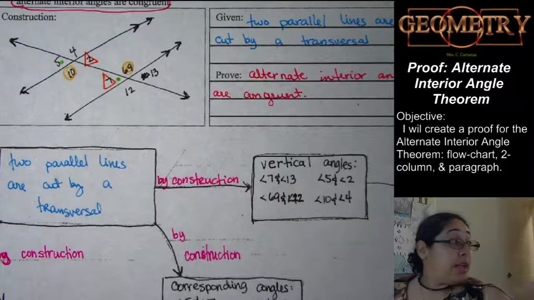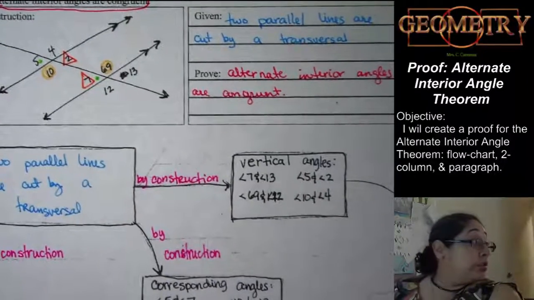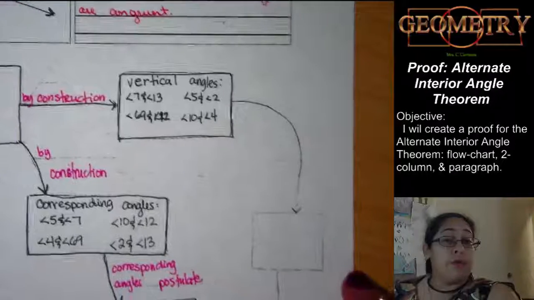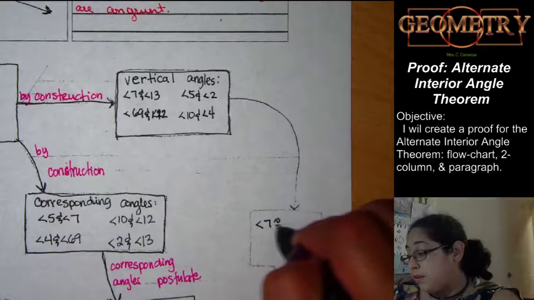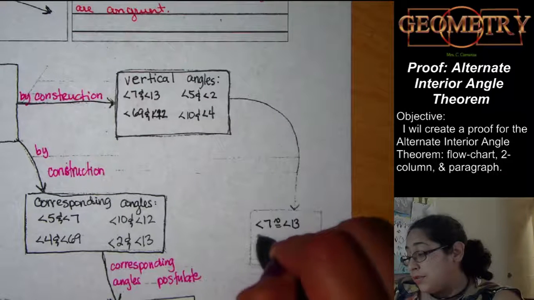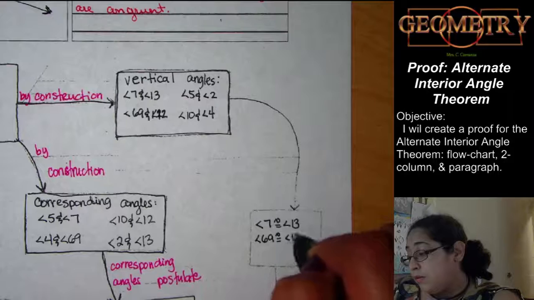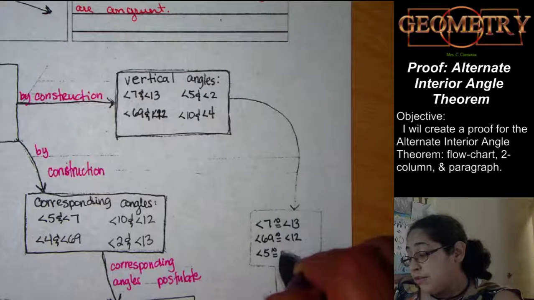Now we had said, or you had said rather, that these angles are congruent. And so I can immediately go from them being vertical angles to them being congruent. The question is, what is the name of the property, theorem, or definition that allows me to say this?